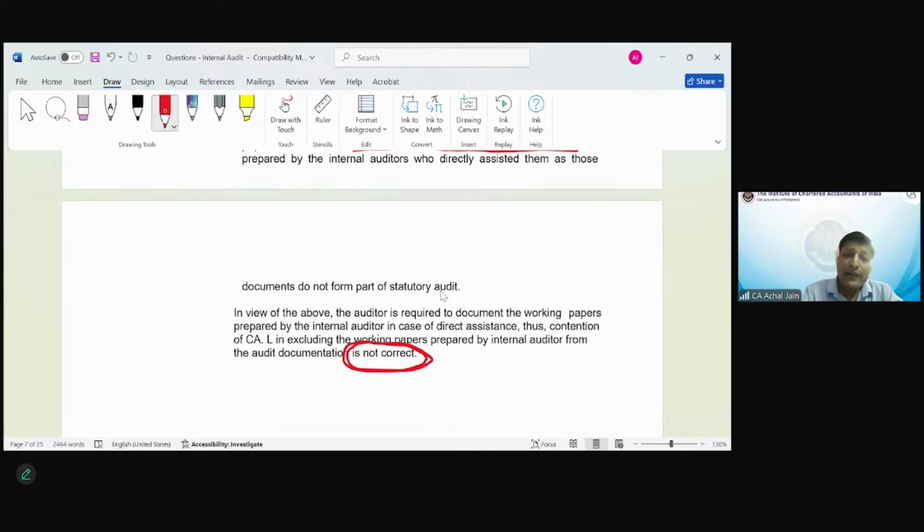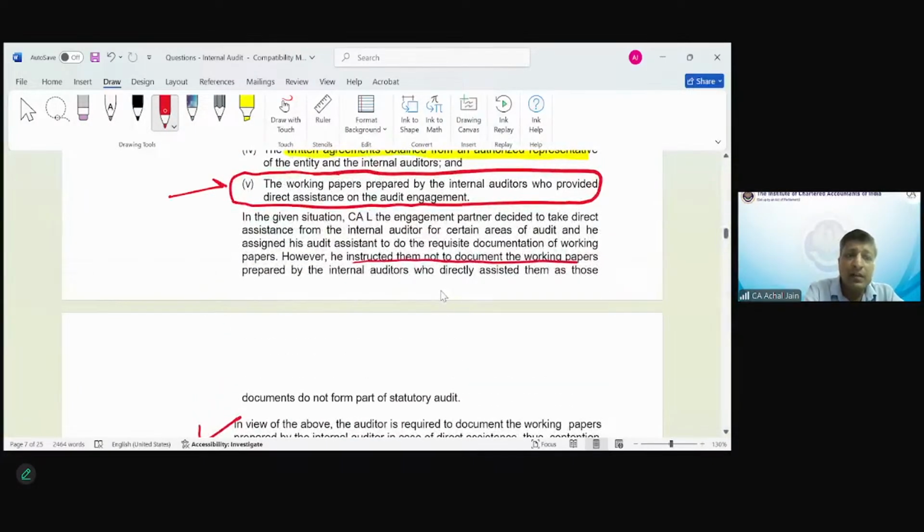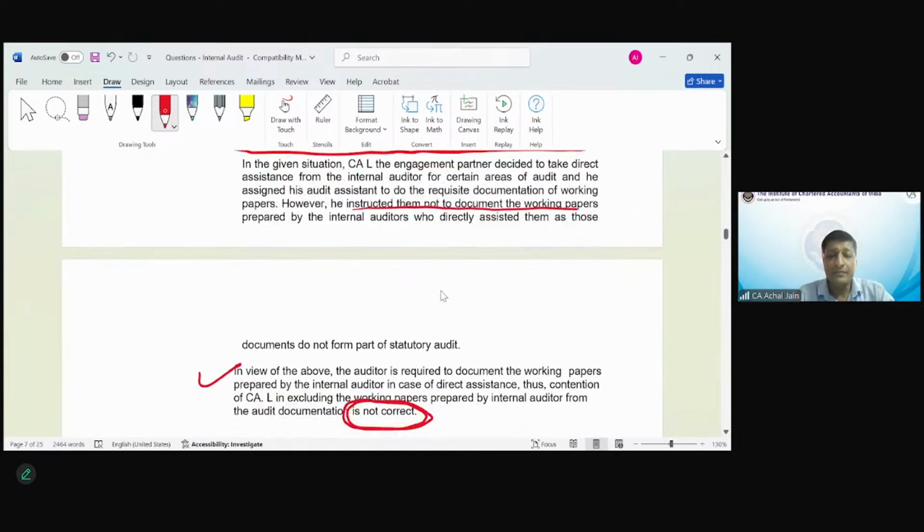One, the auditor is of course required to document what we just looked at. Secondly, if you get this deleted, a deletion of the audit documentation, the evidence which you obtain as an auditor, that is not appropriate. Okay, clear?